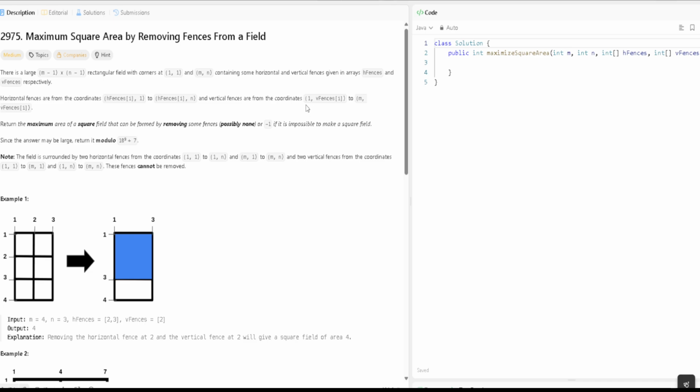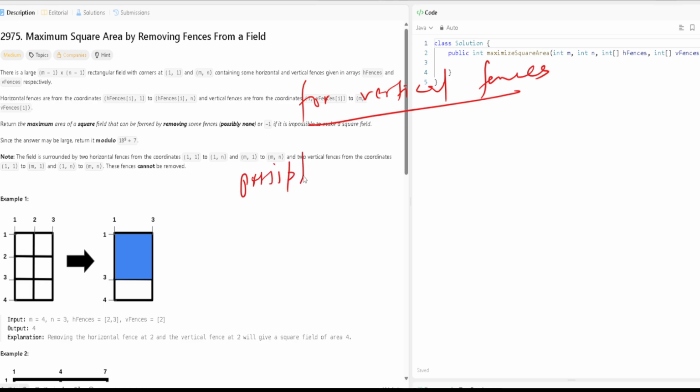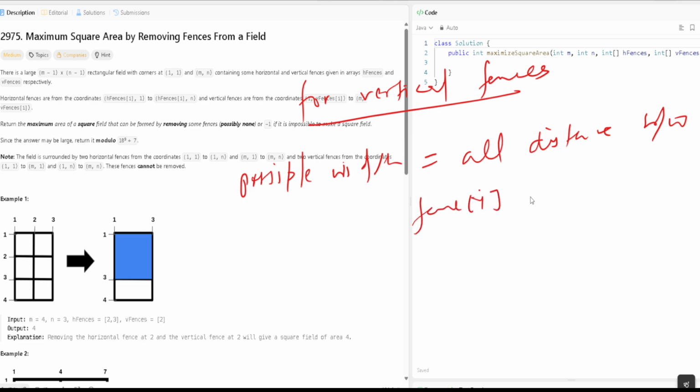Now think about the vertical fences: what is the possible width? It means all distances between the fence at i and the fence at j.